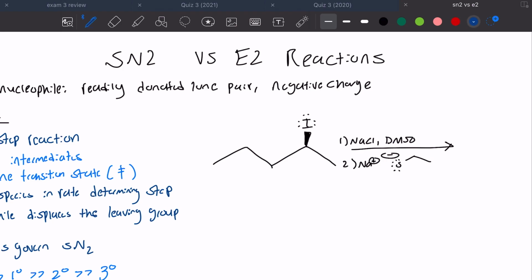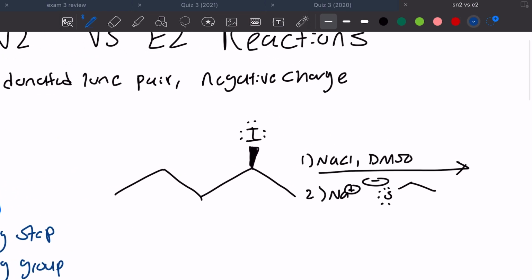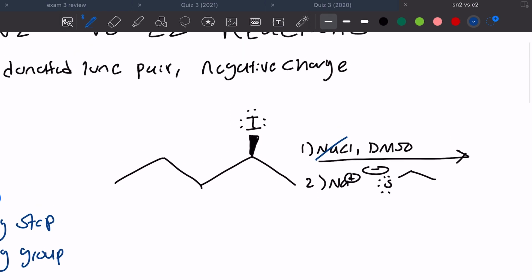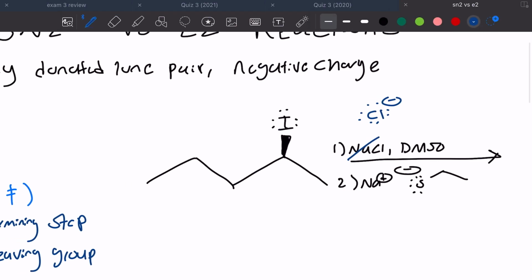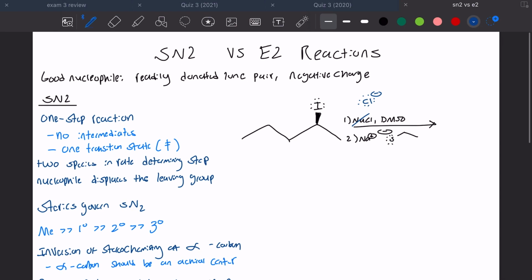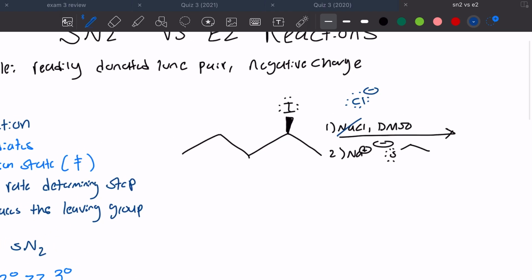So we look at this and wonder, what is our nucleophile? The sodium doesn't really matter, it's just there for charge stabilization. You have a chlorine that has lots of lone pairs and it's negatively charged. So we can already tell that this is probably going to be our good nucleophile according to our definition.